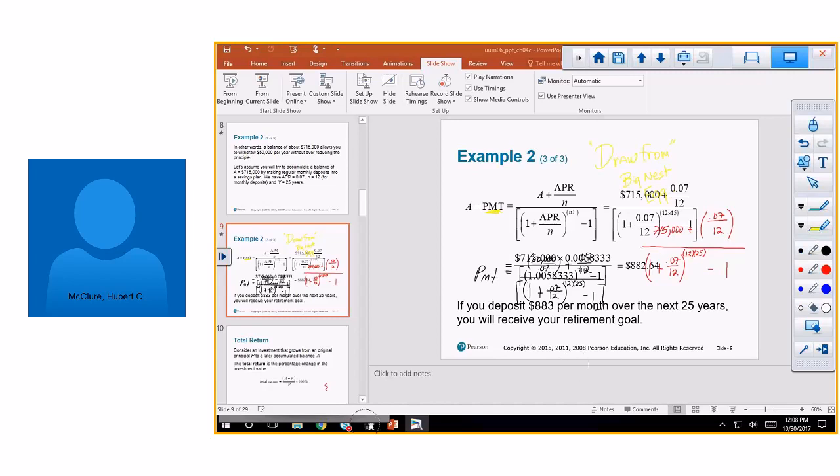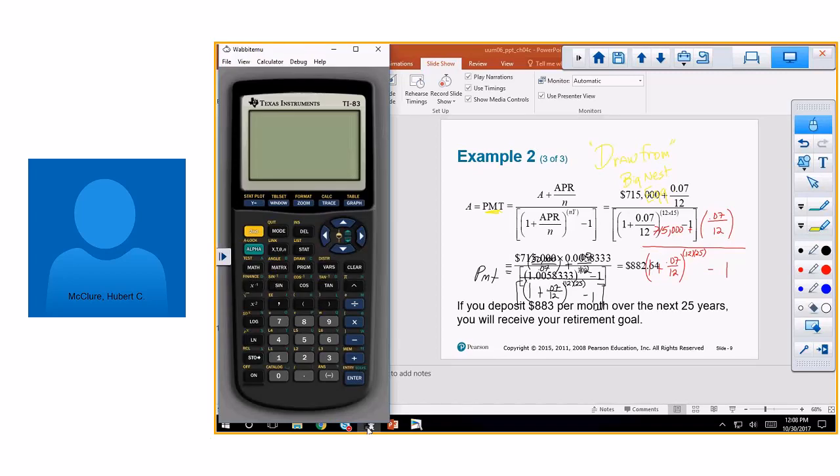All right, I'm going to take my calculator out and do this one more time. It's 0.07 divided by 12 equals plus 715,000 equals. I got that. That's what I got before, I believe. Store alpha numerator. Enter.